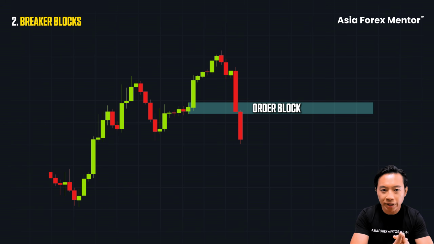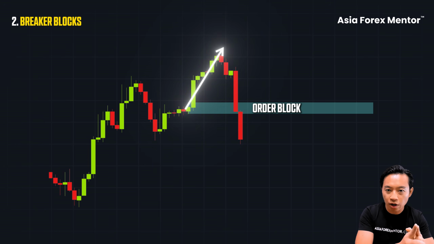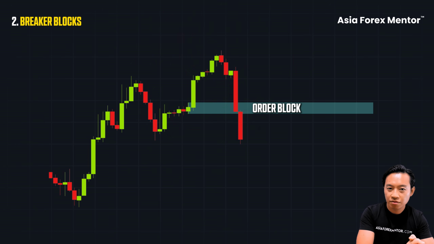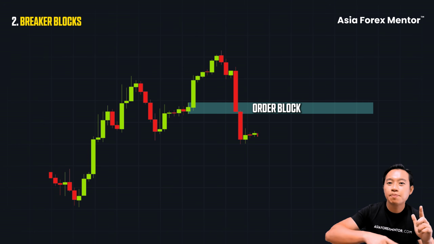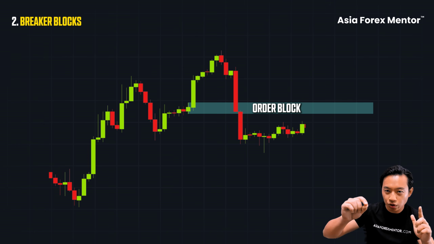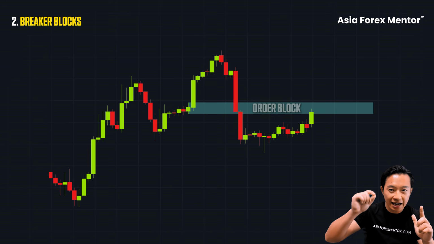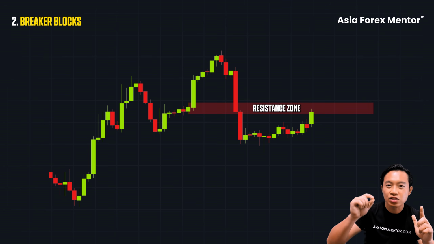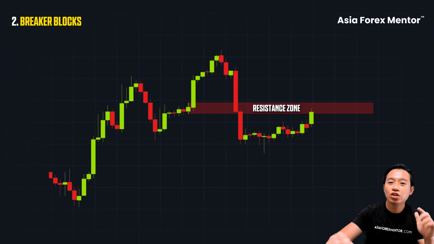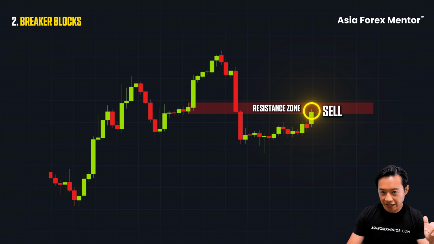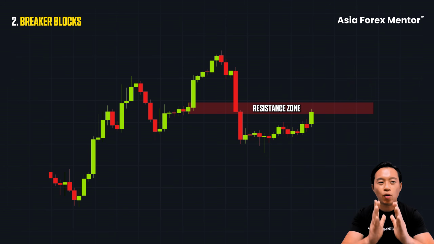So at this moment, the bullish order block has now failed. But now, when price pulls back up to the same zone, it often acts as a resistance. So this is your chance to short the market. Okay, let's pause here for a moment.